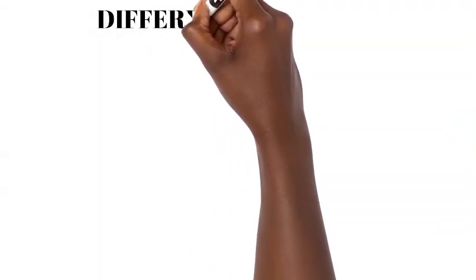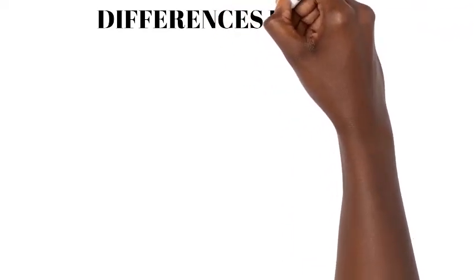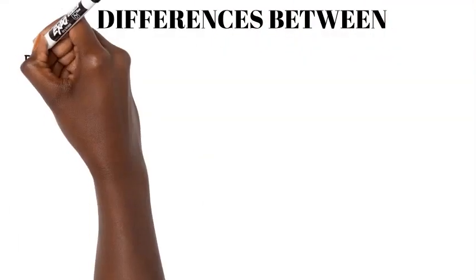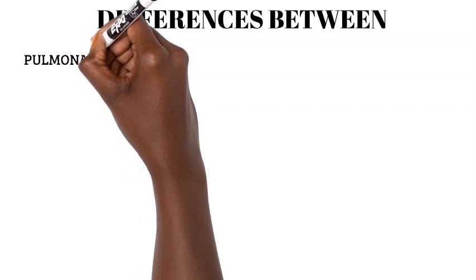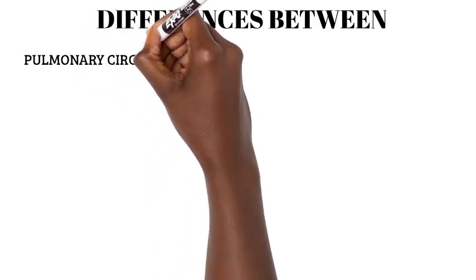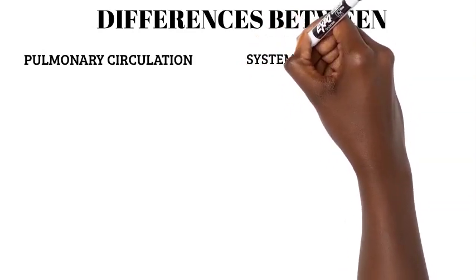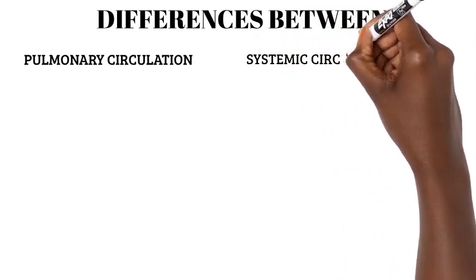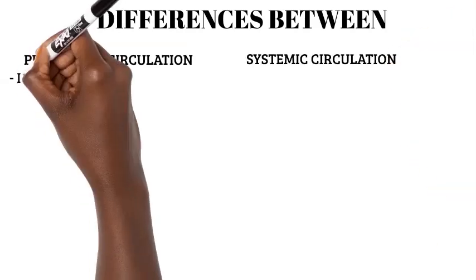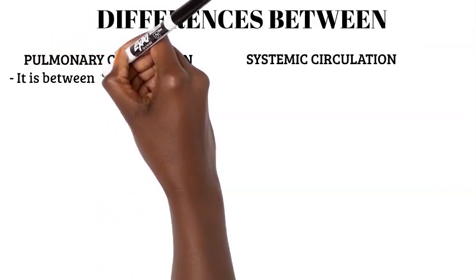So quickly, let's look at the differences between the pulmonary circulation and the systemic circulation. Now, the pulmonary circulation is between the right and the left heart. Systemic circulation is between the left and the right heart.